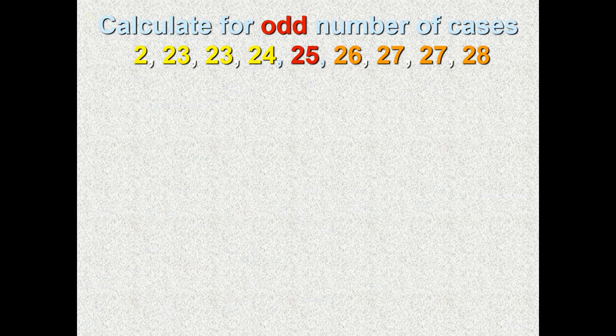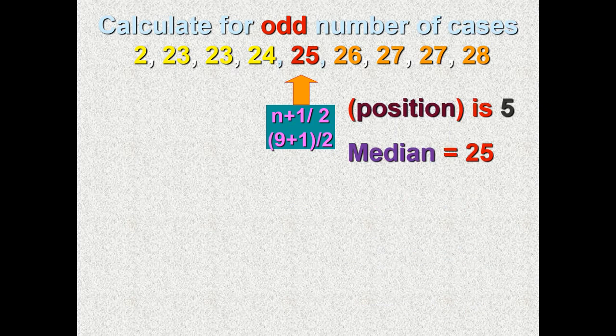Calculate for odd number. الآن 1 2 3 4 5 6 7 8 9. نصفط البيانات من الأقل للأعلى وناخذ الرقم الأوسط اللي هي 1 2 3 4 الخامس. هذا إذا كان odd number اللي هنا 9 زائد 1 يساوي 10 تقسيم 2 5. n plus 1 divided by 2, 9 plus 1 divided by 2.